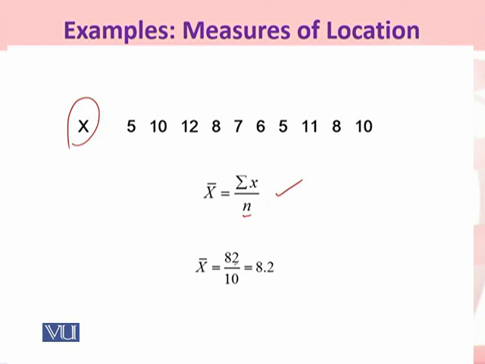So we calculated the sum of these values, and the sum came out as 82. We put that 82 in this formula and divided by 10, the total number of observations, and we got the mean as 8.2. So this is how we can calculate mean, median and mode for a data set.